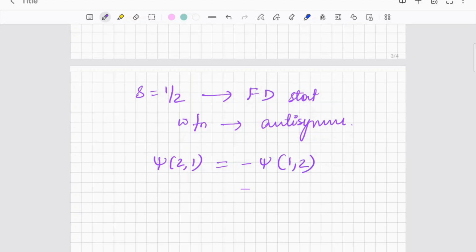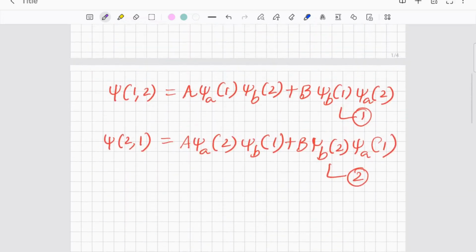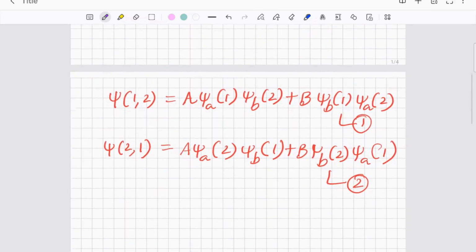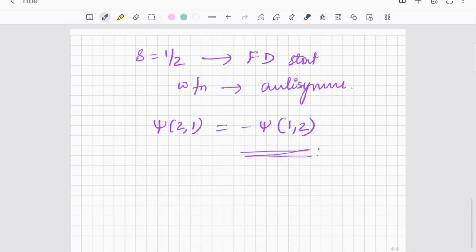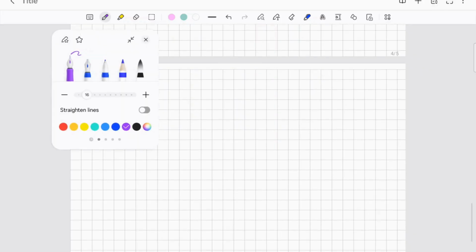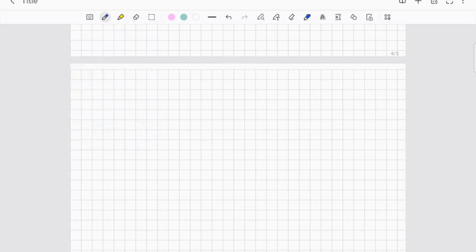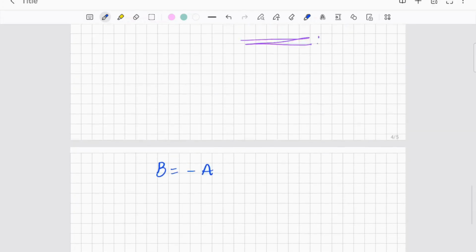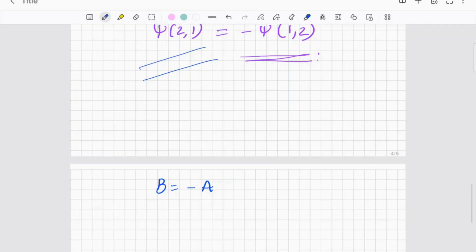Now when we impose this condition on equations 1 and 2, which we have written here, we get to know about the coefficients. Upon solving, b must be equal to minus a, then only this would be true.